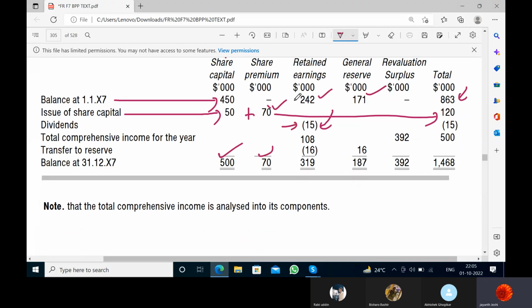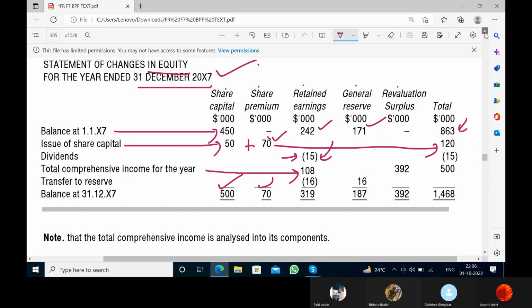And then this year's profit we should add to retained earnings.